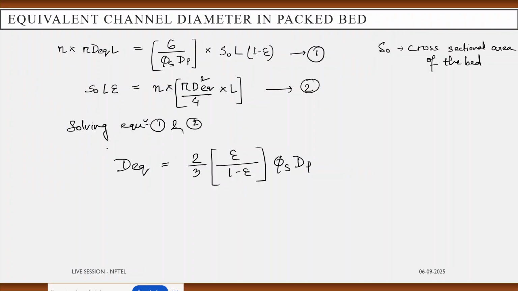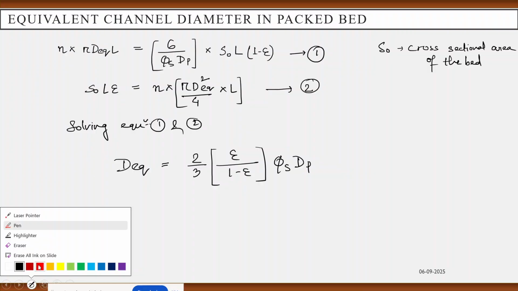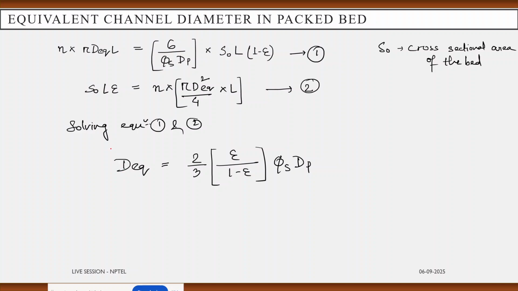So this is how we derive the equivalent channel diameter in the packed bed condition, where it is related to the bed porosity, the sphericity of the irregular shaped particle, and the diameter of the particle.